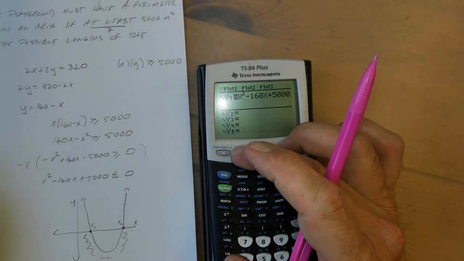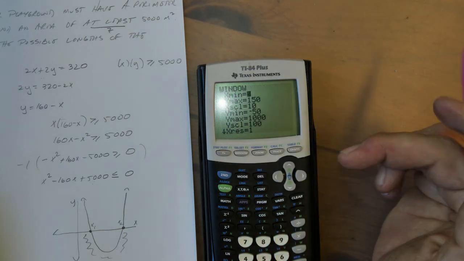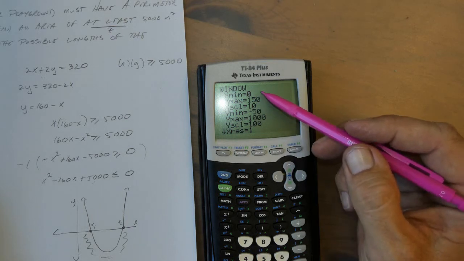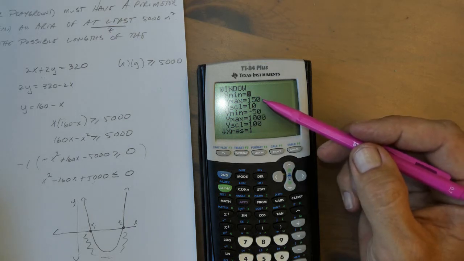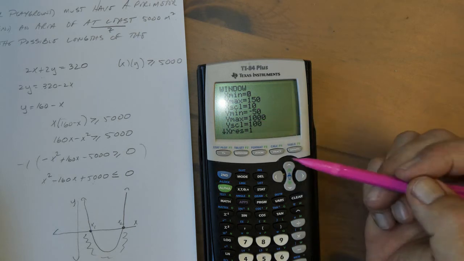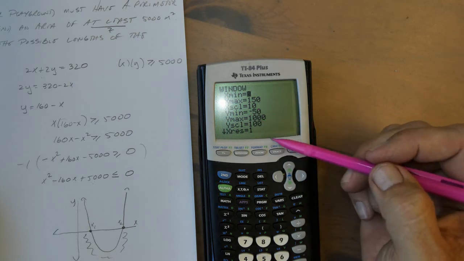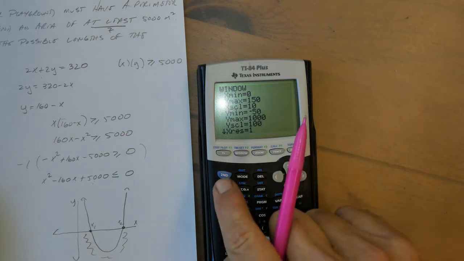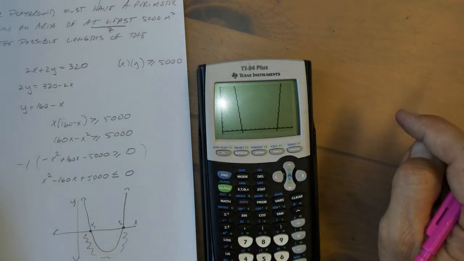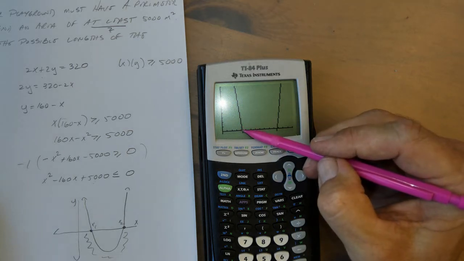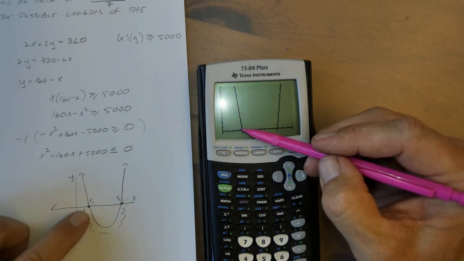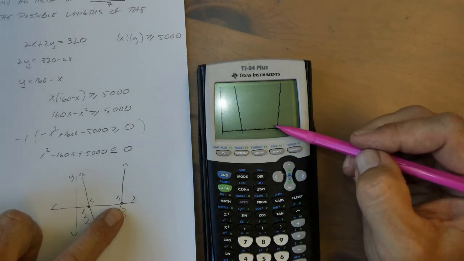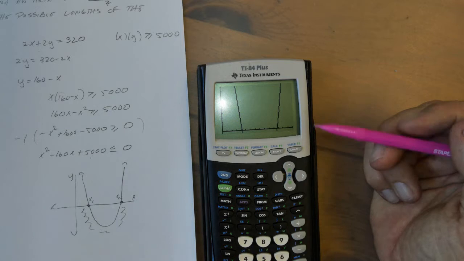This took me about 30 seconds of trying a couple of different x mins and maxes and y mins and maxes to see the full graph. So there's the graph. Here is the x1 that I showed you on the paper, and there's the x2. Any x value in between those two will satisfy this inequality.